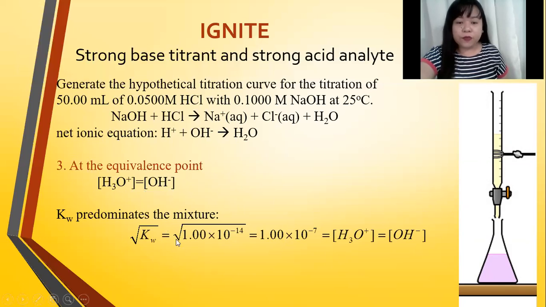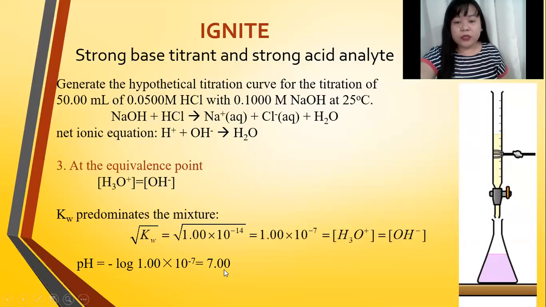Or you can just skip these steps if you are already familiar with the fact that pure water would have 1 times 10 to the negative 7 molar of hydronium ions and hydroxide ions. So therefore, the pH is the negative log of the hydronium ion concentration, or simply 7.00.